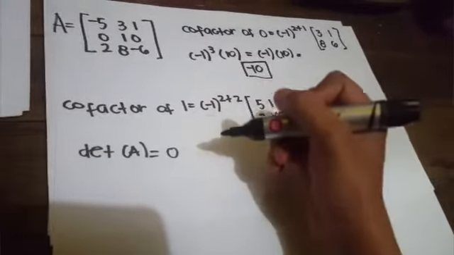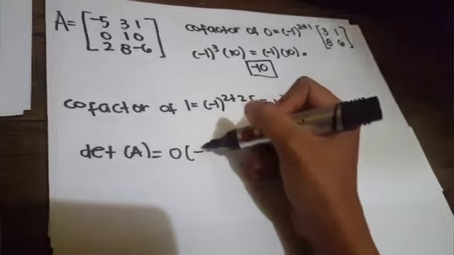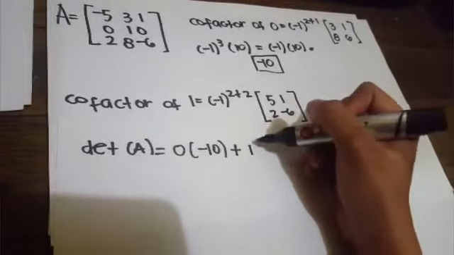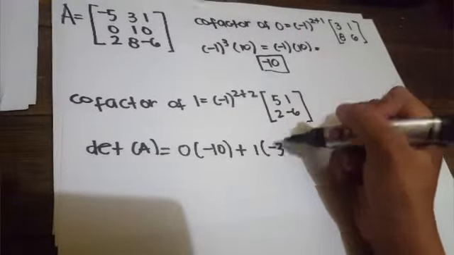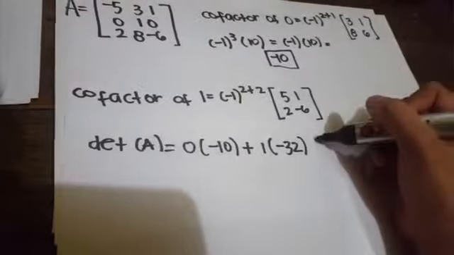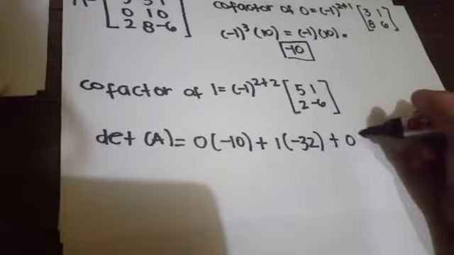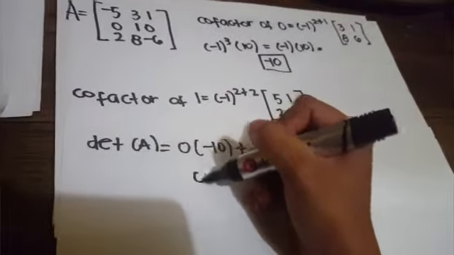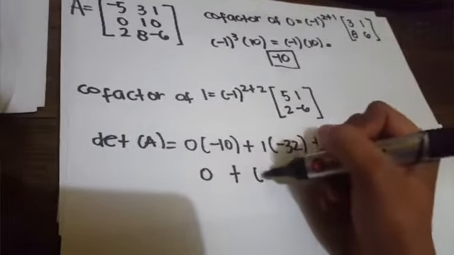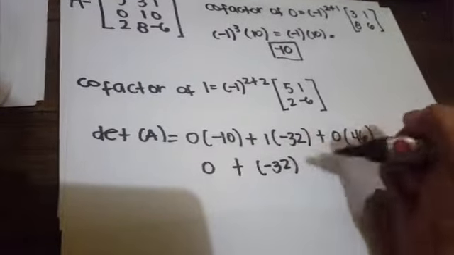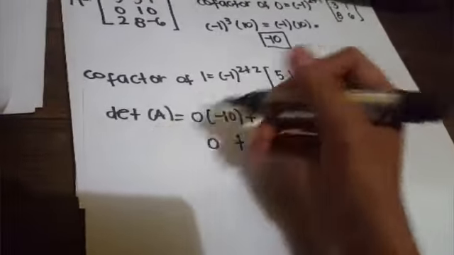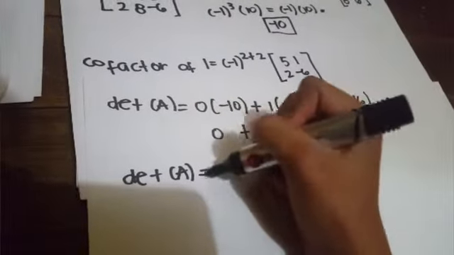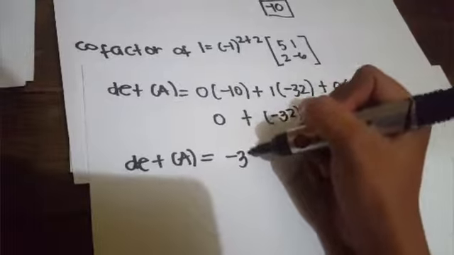So, 0 times negative 10 plus 1 times negative 32 plus 0 times 46. So, 0 plus negative 32 plus 0. The determinant is negative 32.